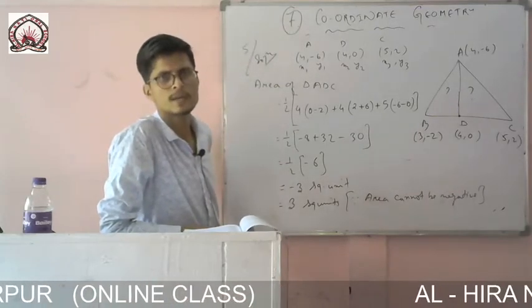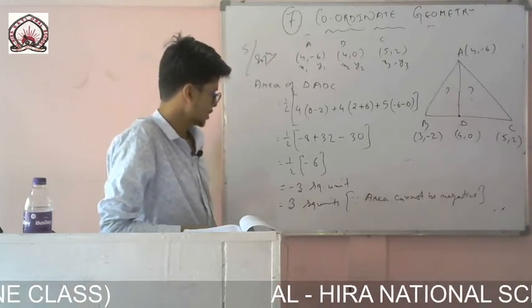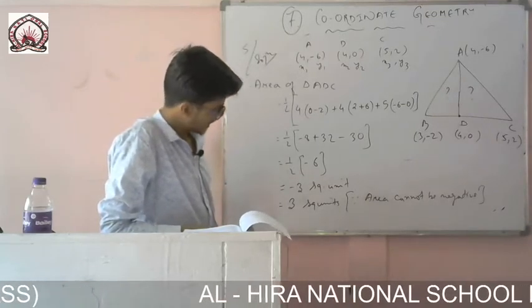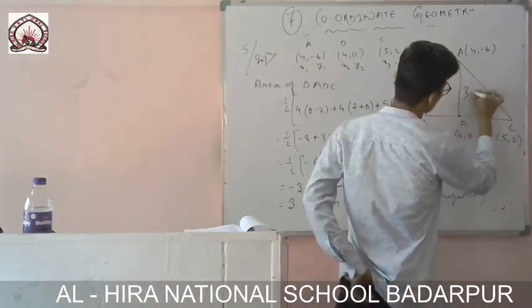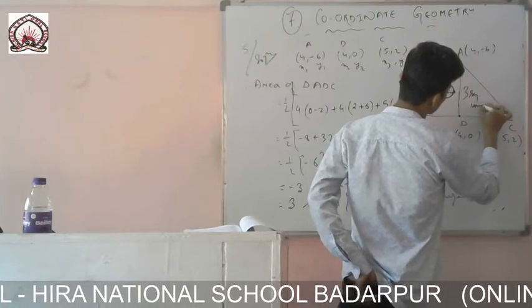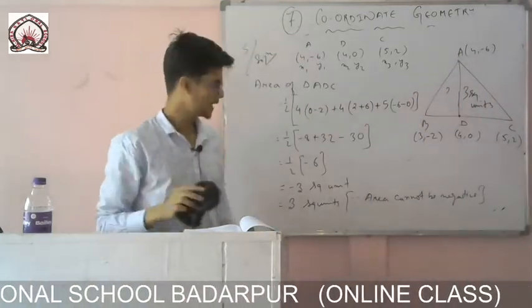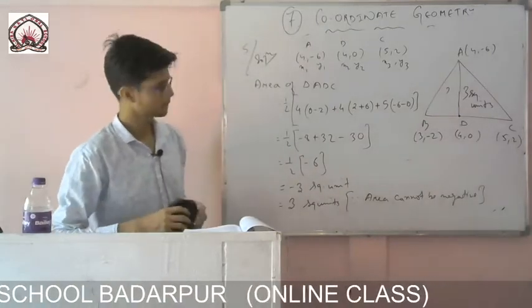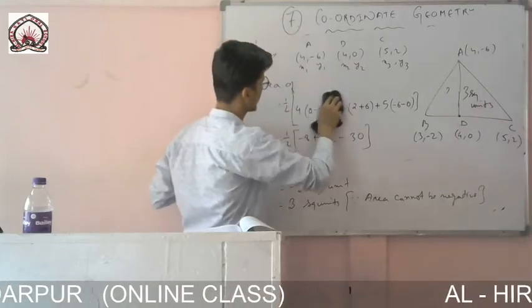Keep that in mind. So for the first one, it came 3 square units. Now I will check the other one, so I will find the area of triangle ABD. I am erasing this one.